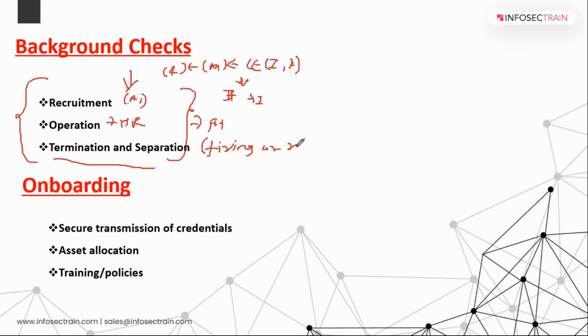Whether that employee leaves voluntarily or involuntarily. Termination again is a difficult process. It comes with numerous security impacts in your organization. So it's not very easy for an organization to go through termination each quarter.